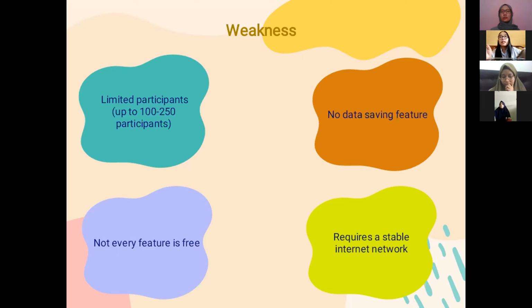Like what I said earlier, because of the high quality of the video and the voice, this requires a stable internet network. When the internet network is not stable, sometimes it's connected and at other times it's not connected.